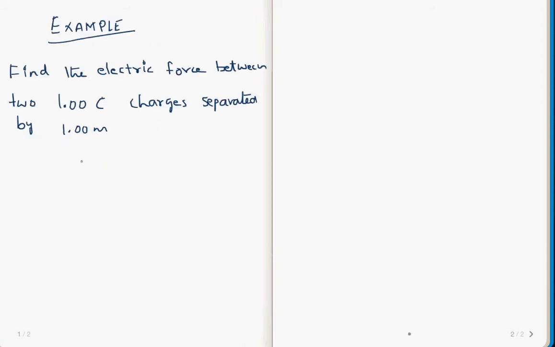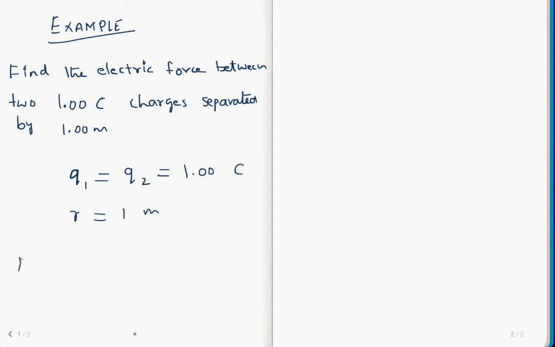Now let us see a simple example to find the force between two point charges, each 1 coulomb, separated by a distance of 1 meter. Q1 is equal to Q2, which is equal to 1 coulomb, and the distance r is 1 meter.